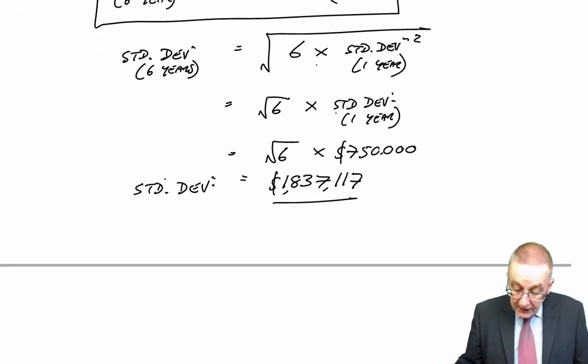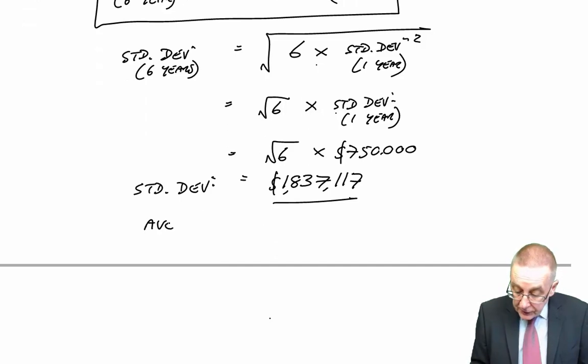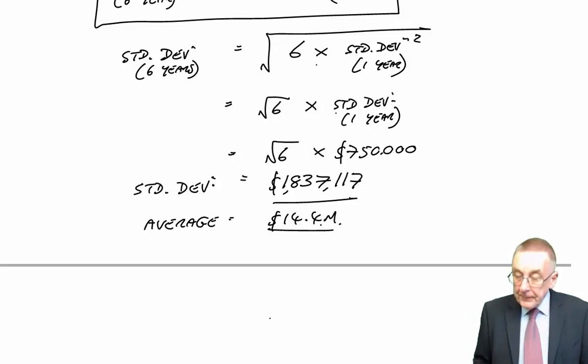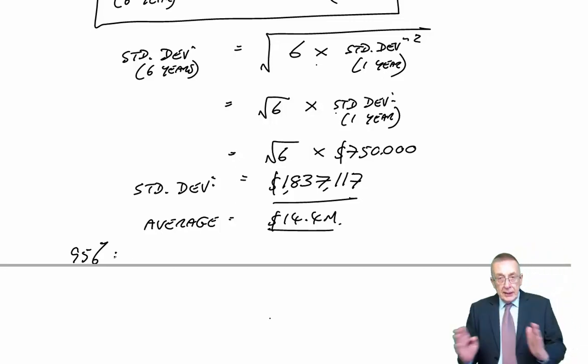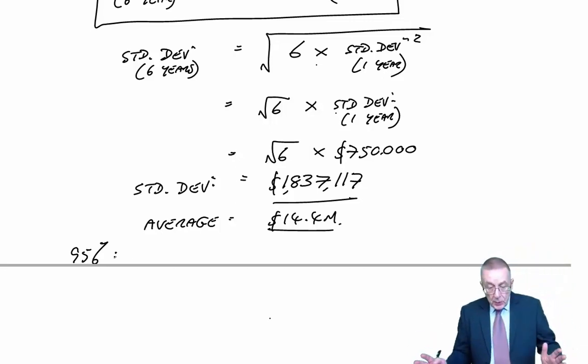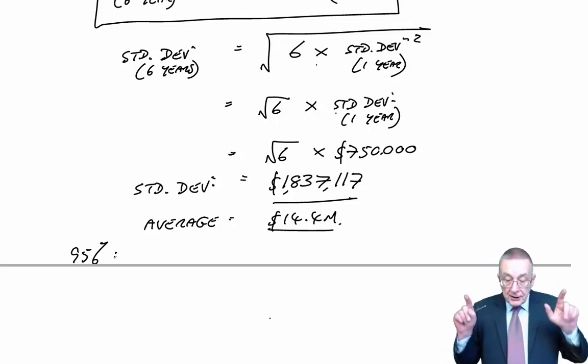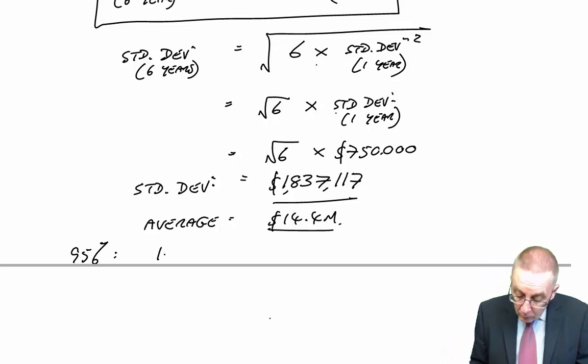I wrote down earlier that the average, or the mean, was 14.4 million. And at 95% confidence, the value at risk, the difference between the average and the cutoff, is going to be 1.645.